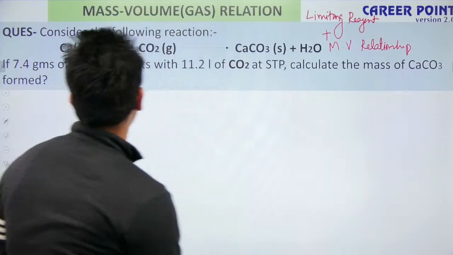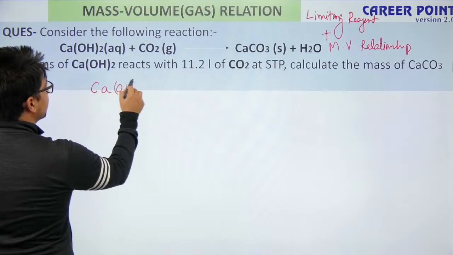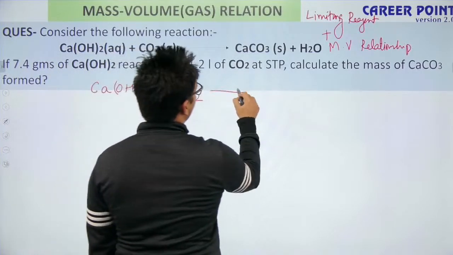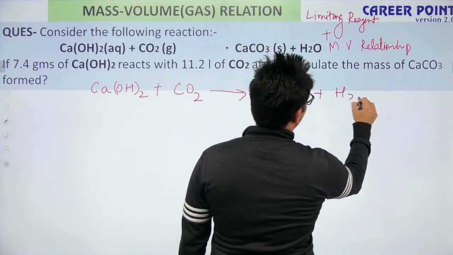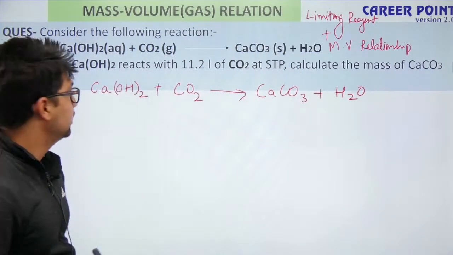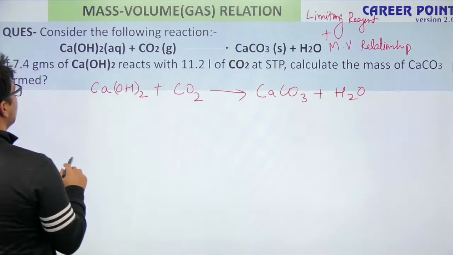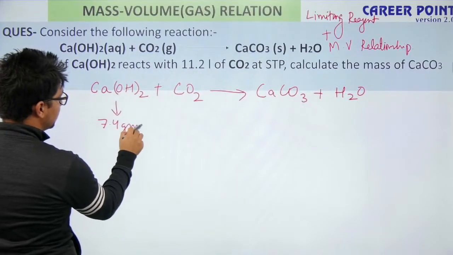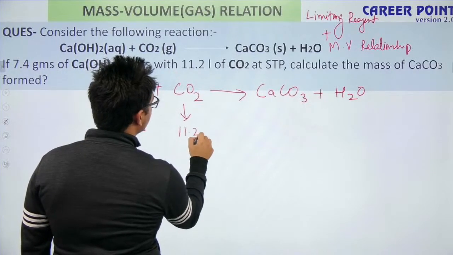Okay, so let me solve this. In this question, this is the equation given. Calcium hydroxide reacts with carbon dioxide and forms calcium carbonate plus water. In calcium hydroxide, what they have given me is 7.4 grams, and for CO2 they have given us 11.2 liters.